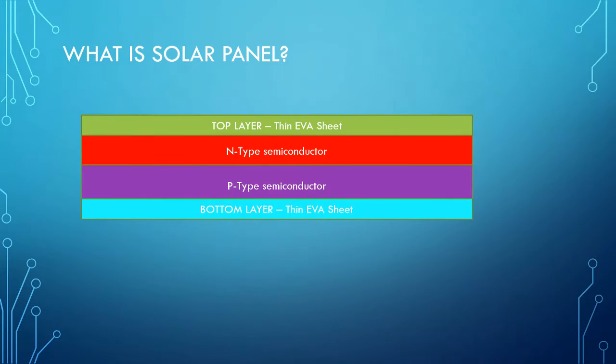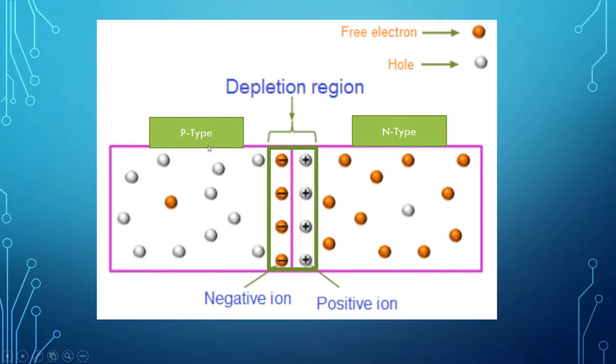Both are combined. When we combine p-type and n-type semiconductors, you see in this picture, the left side is a p-type semiconductor, a positively doped semiconductor, which has positive ions, meaning a lot of holes. Like that, the n-type on the right side has a lot of negative charges, that is electrons, shown in orange color.